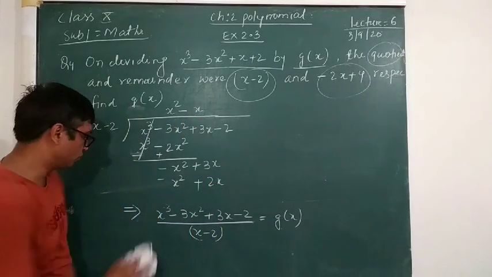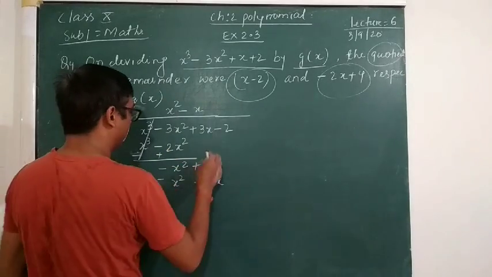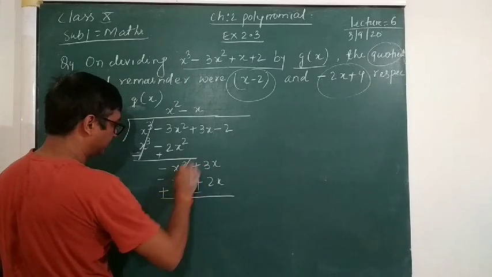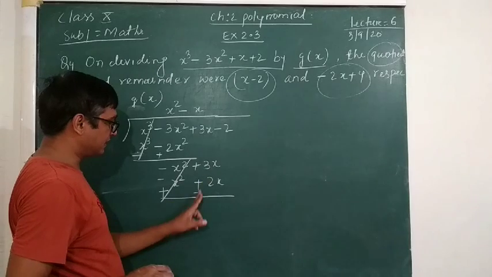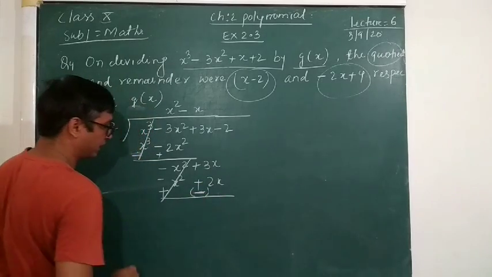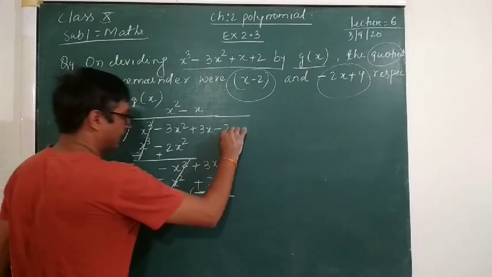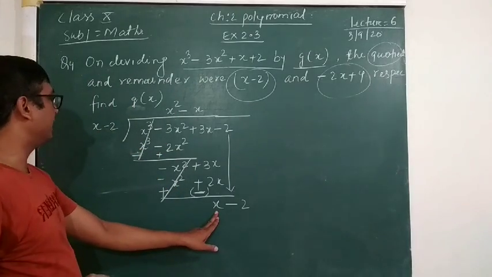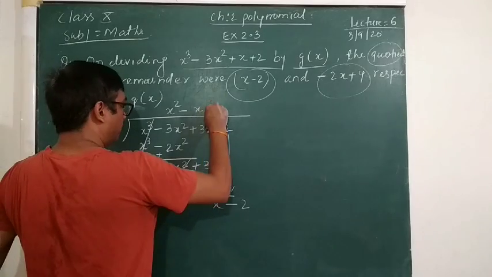So this is the old one, we just rub it. It will be now 2x. Now it is plus and it is minus, so this will be cancelled. Again this is 3x. We have to take this sign always, whatever is changed. So 3x minus 2x, you will get x, and again the minus 2 will come down. First we have to get x here, so we put plus 1.